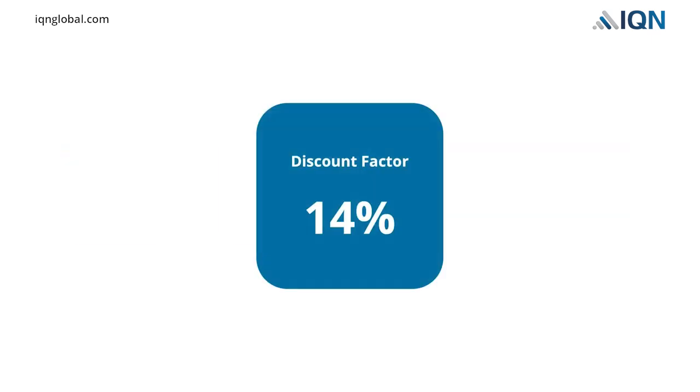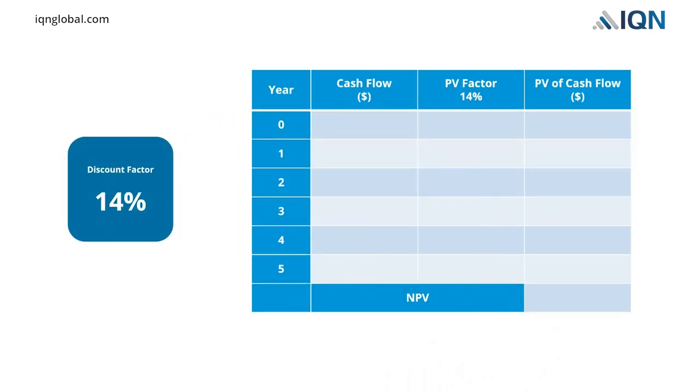Trying with 14%. In year 0, the cash flow is minus $5,000, discounted at a present value factor of 1, resulting in a present value of minus $5,000. In year 1, the cash flow is $1,700, discounted at a present value factor of 0.877, resulting in a present value of $1,491.